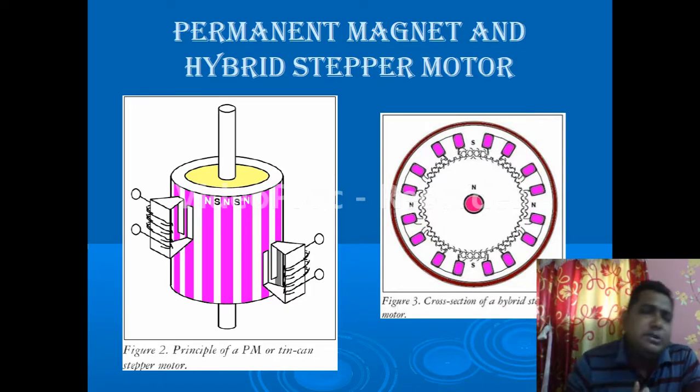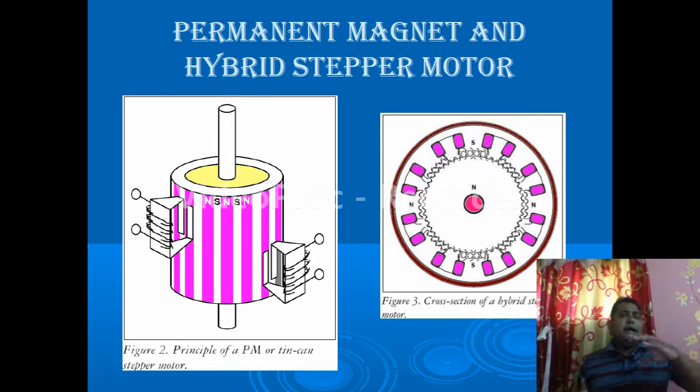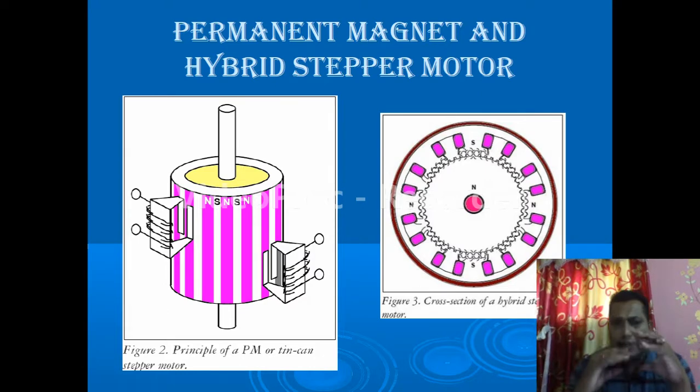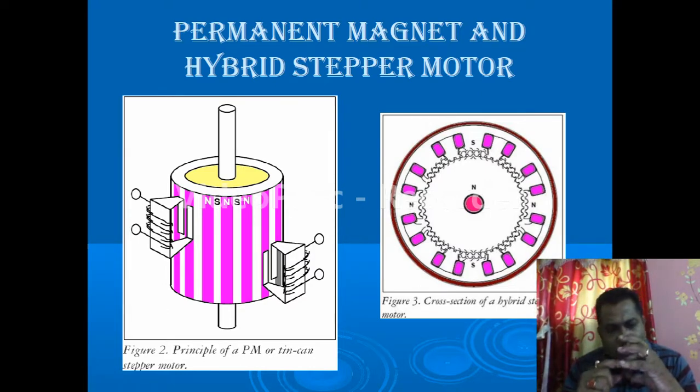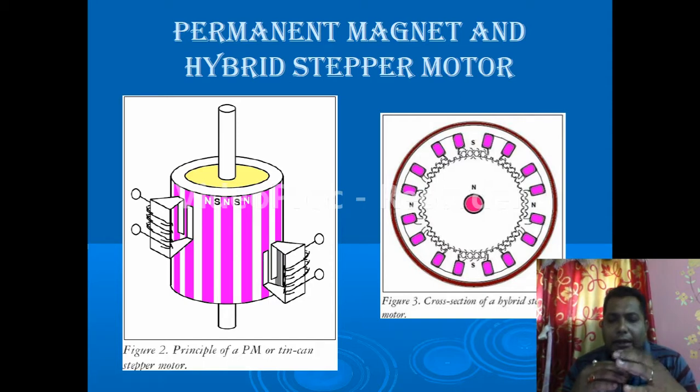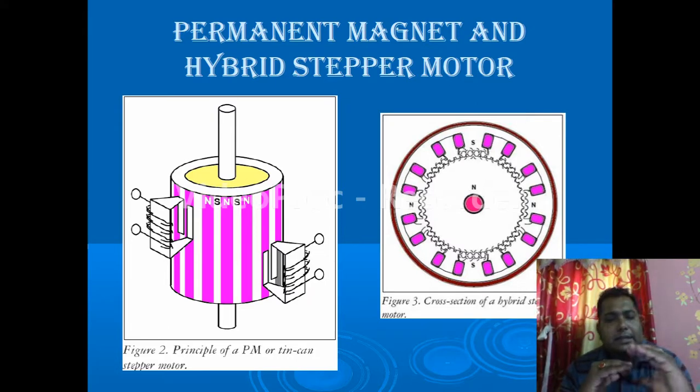That means the attraction between the opposite poles. Suppose this is the stator and this is the rotor. The stator has those slots and the rotor has those slots. Very interestingly we can understand: north south like this, and here also we have north south, north south. I am taking this as the stator, north south, and these are the rotor poles, north south.